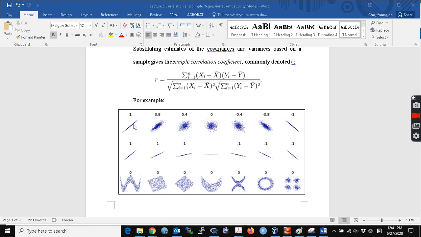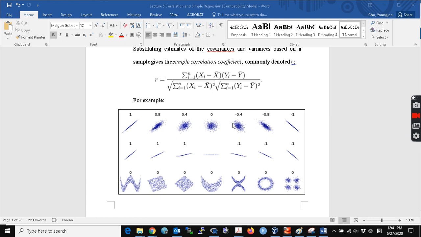If they have exactly linear relationship, then it's going to be 1. Then if the linear relationship is not exact, in this 0.8 case we have a linear relationship but with scattered points, and in the 0.4 case we have more scattered points. And then if we have the circle, then we have no linear relationship, so we have 0.